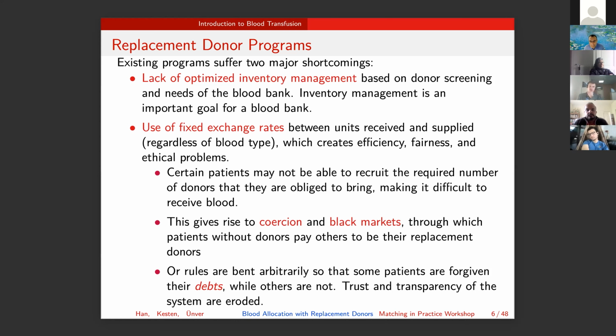Or in other cases, rules are bent arbitrarily so that some patients are forgiven their debts, while others are not. There is no transparency in how this is practiced, but we've heard this quite often by talking to different officials. So in a way, there is no real trust or transparency in the system based on these two.